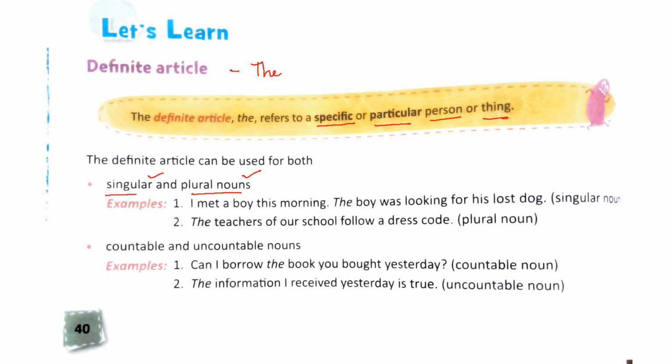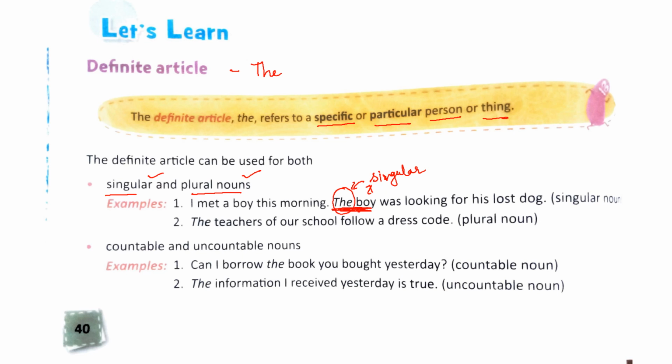Let us see an example. First one: "I met a boy this morning. The boy was looking for his lost dog." Here the has been placed before the noun boy. Boy is singular, so we can place the article the before boy.